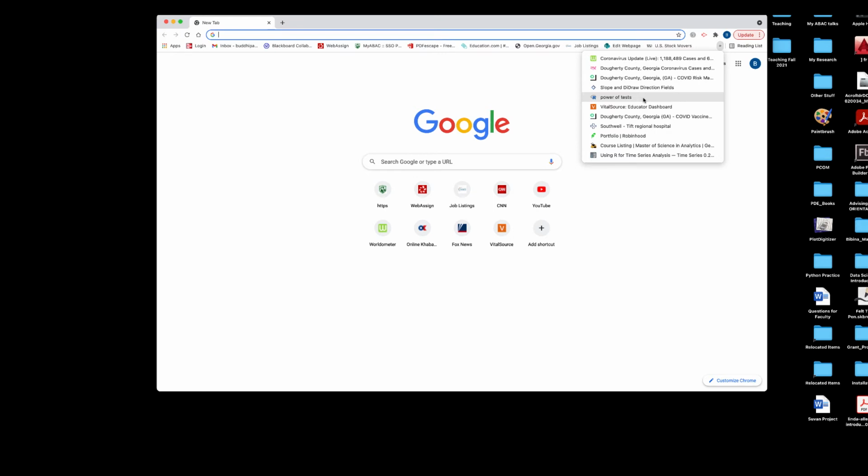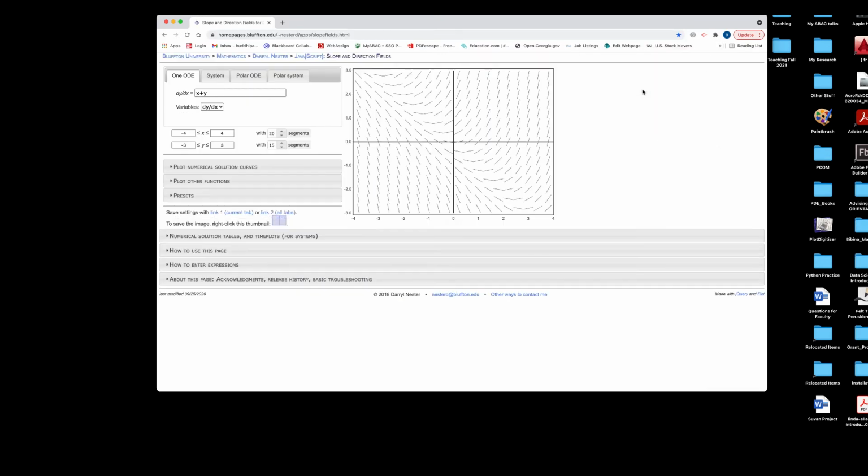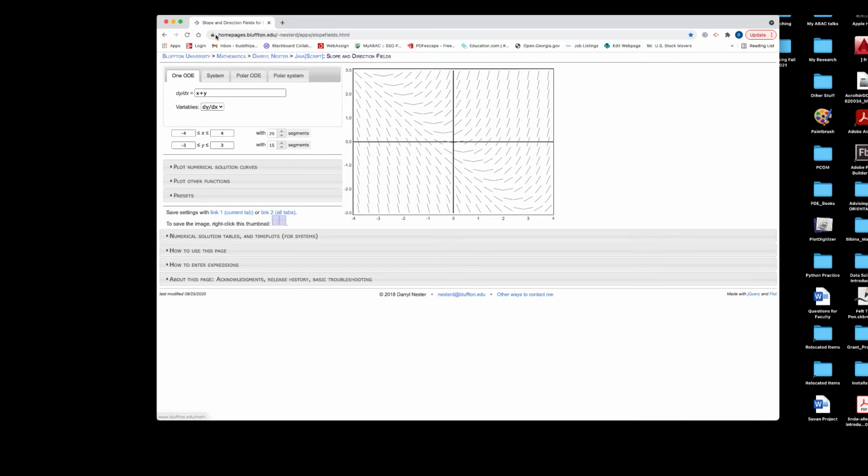That link name is Slope and Direction Field Drawing, okay? So the website is homepages.bluffton.edu, slash, the tilde sign, slash apps, slash slopefields.html. So he made a free app, and this is available free to anybody to use.